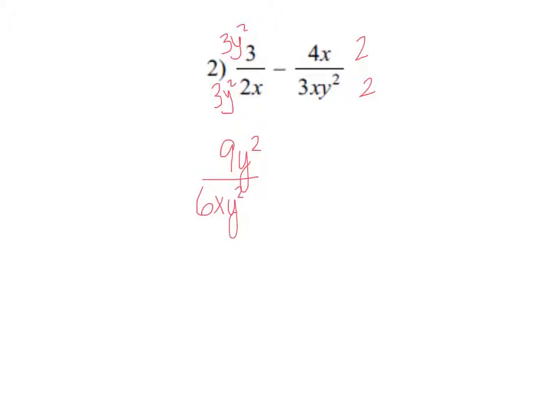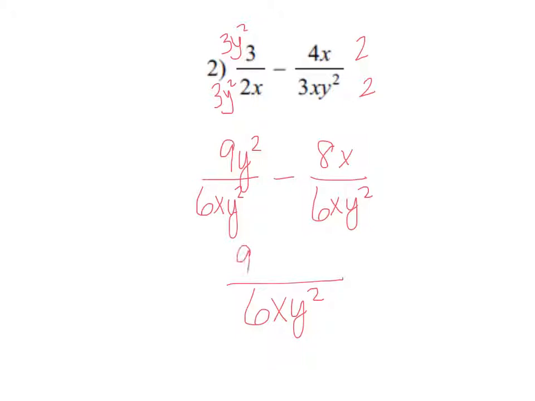And then I have minus 8x over 6xy squared. So I have the common denominator. Let's go ahead and merge it together as one big fraction, 6xy squared. And on top I have a 9y squared minus an 8x.